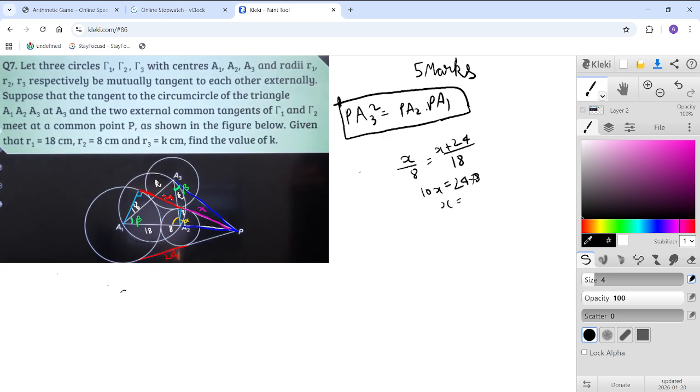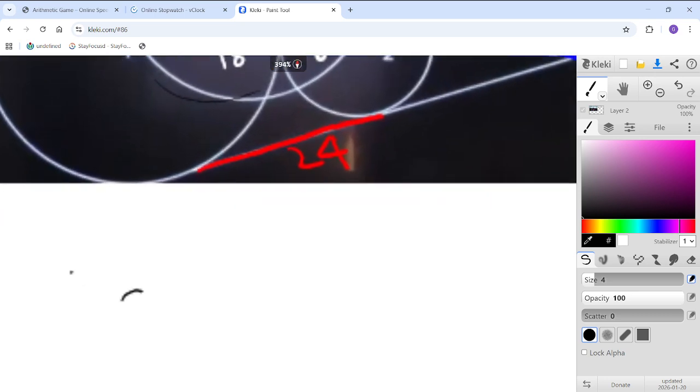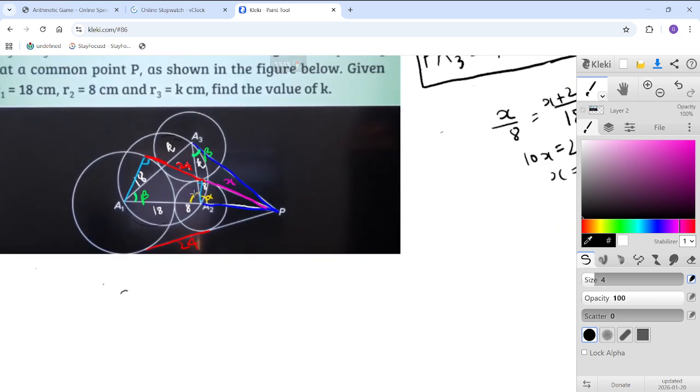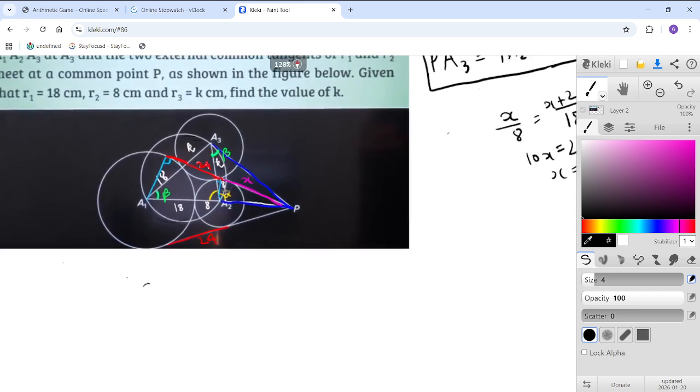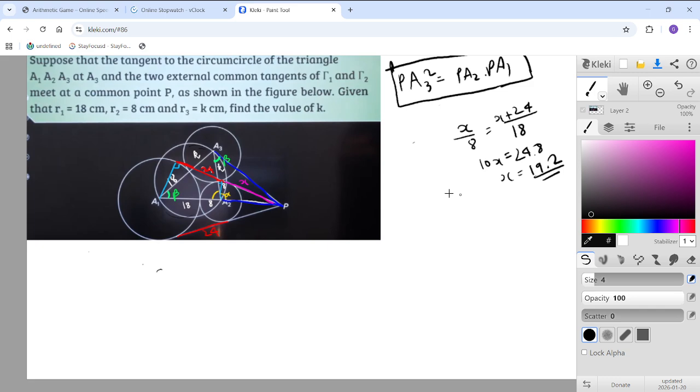X is equal to 192 by 10, so 19.2 is our X. We know the value of X, let's zoom in, this is X, this is 8, blue one. So you can find the value of this dark blue one, which is going to be root of X square plus 8 square, which is 64.